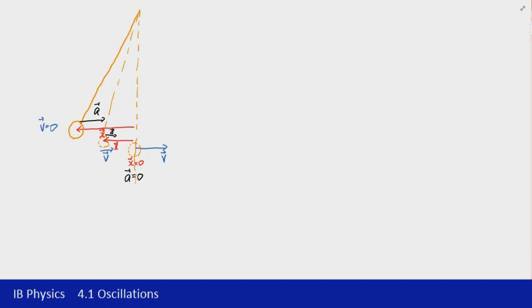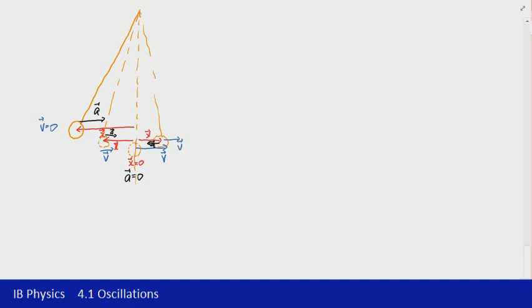Now if we continue on to the other side, same sort of situation, as it starts to swing out in that orientation, we've now got the displacement going in the opposite direction, which means that the acceleration is now going to be coming back towards the equilibrium position there, and the velocity likewise will still be to the right, but not quite as big as it was through the equilibrium position.